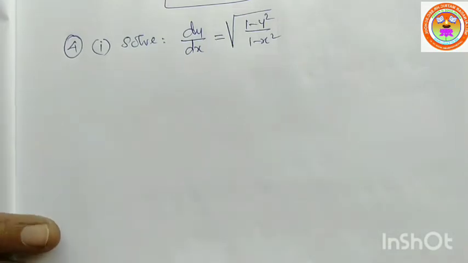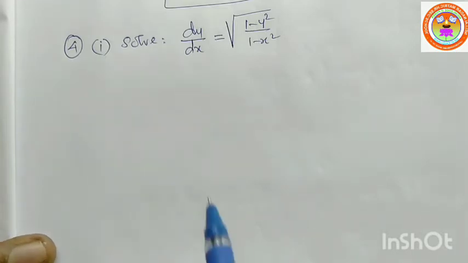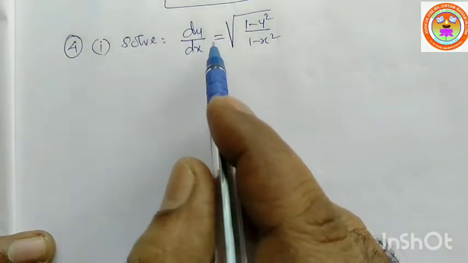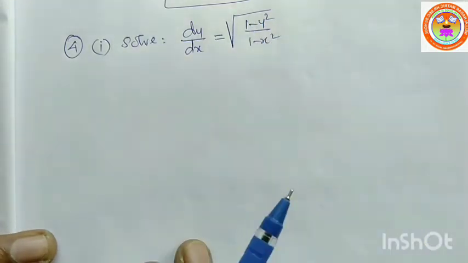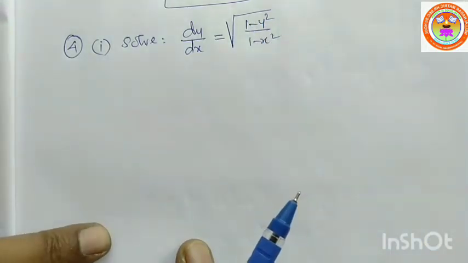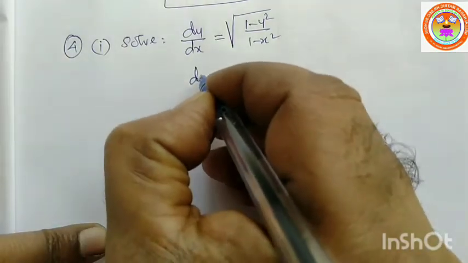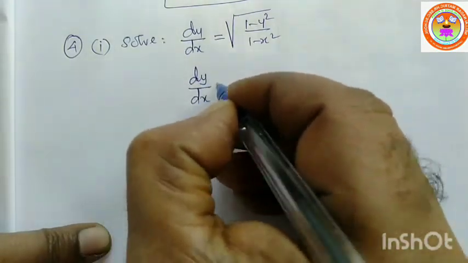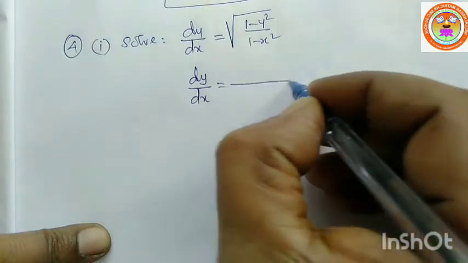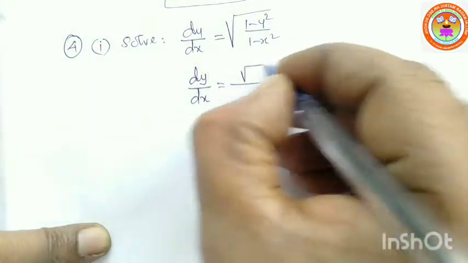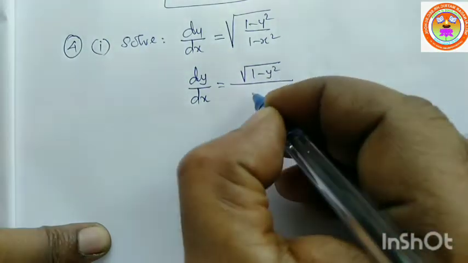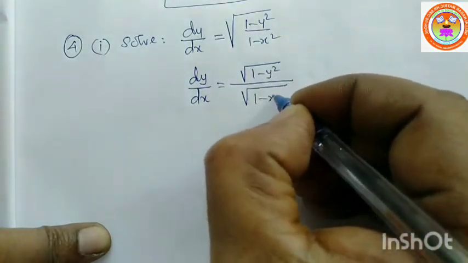Now come to the next question. Question number 4. Solve the differential equation dy by dx equal to square root of 1 minus y square by 1 minus x square. That is, dy by dx is equal to, we can split the square root into 2, that is root of 1 minus y square by root of 1 minus x square.